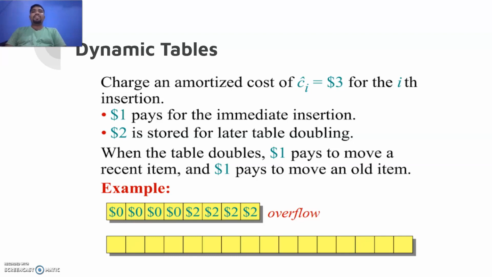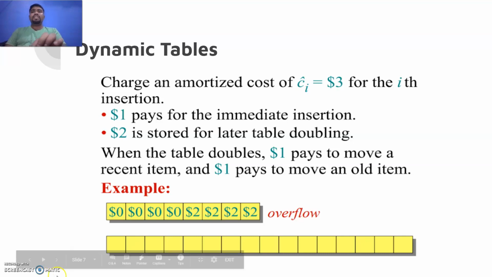It's like investing into your future, so that if later in life you face any kind of trouble and need extra money, you can just take it out from the balance that you have accumulated throughout the years. So that is the accounting method, getting prepared beforehand for the worst to come, or for better investments, whatever it may be. So it means we are going to charge extra for each operation that goes on.